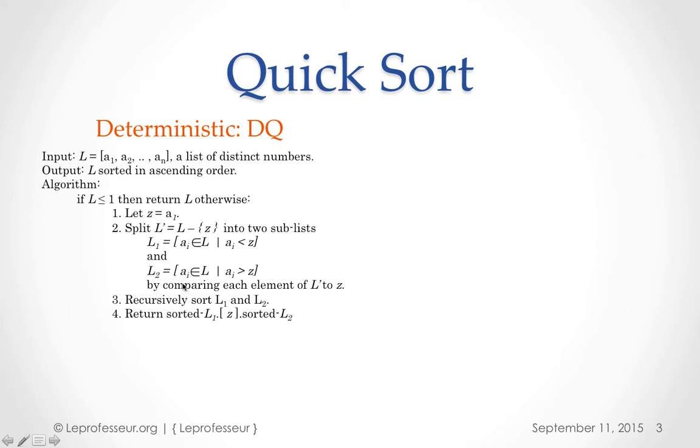You compare each element with z, and if ai is less than z, you put it in L1, and if ai is greater than z, you put it in L2. Then you recursively sort both lists L1 and L2, and in the end what you return is the sorted list L1, then z as your middle element, then the sorted list L2, and you're done.